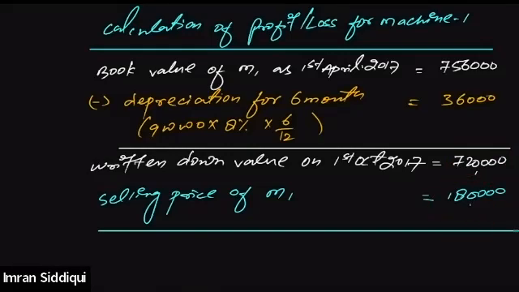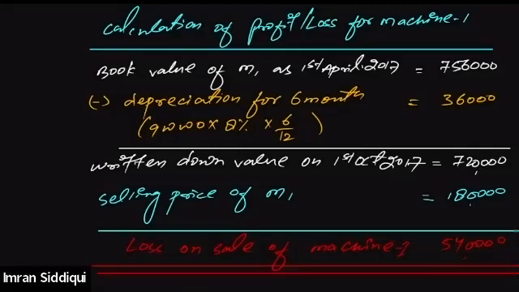Whether we have earned a profit or loss? Tell me. That means there is a loss, right? There is a loss of how much? There is a loss of 5,40,000. This is written as loss on sale of machine 1. Got it, everybody? Is that clear to all of you?